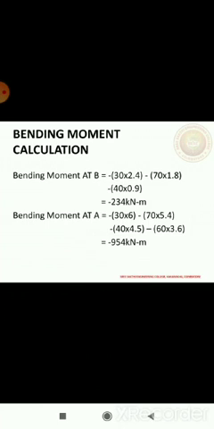After calculating the shear force and bending moment, we have to draw the diagrams. This picture shows the diagram of shear force and bending moment in a cantilever beam. When a point load is acting, the diagram is a rectangular section.